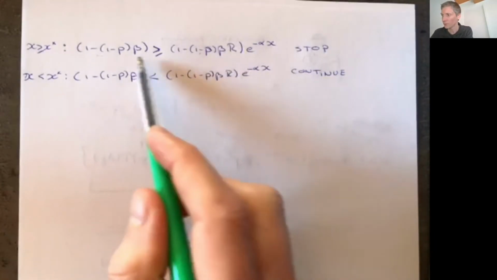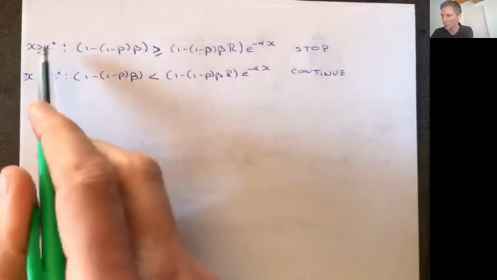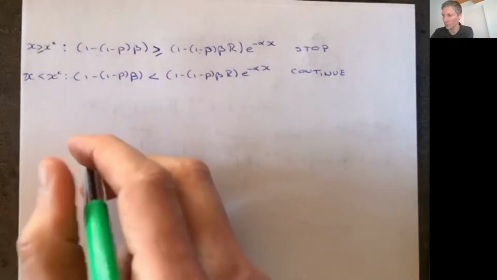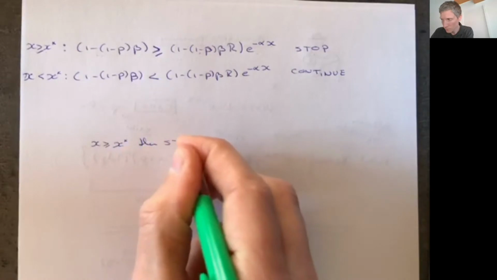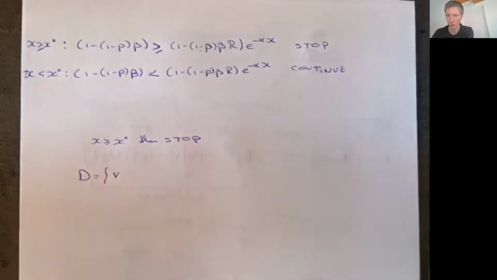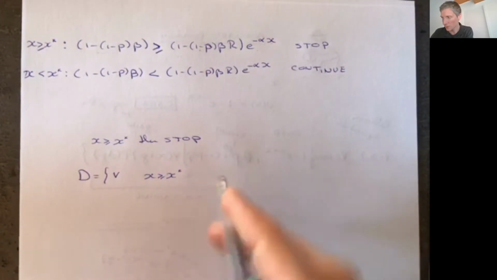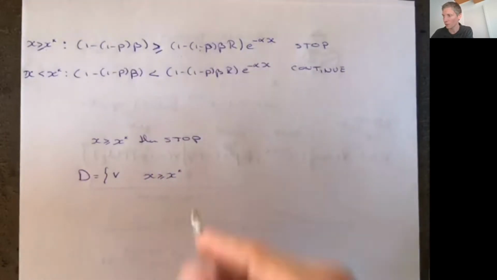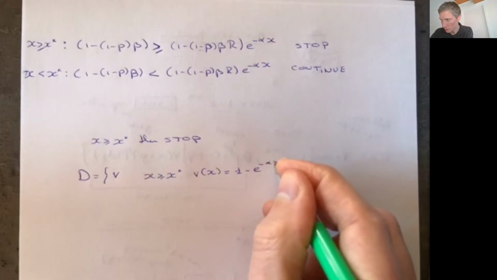Okay, so let's first look at this here. Let's show that if x is bigger than x star, then I'm going to stop. We're going to prove this as we did in the previous lecture. So I'm going to define a set D to be a set of functions v such that if x is greater or equal to x star, then I'm going to stop, or in other words, v of x is equal to 1 minus e to the minus alpha x.